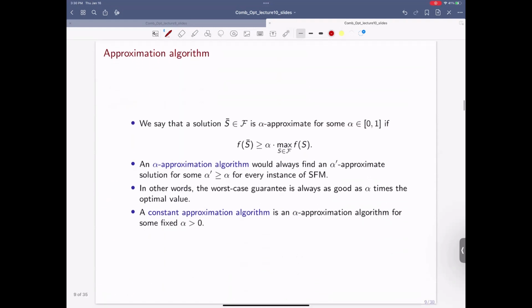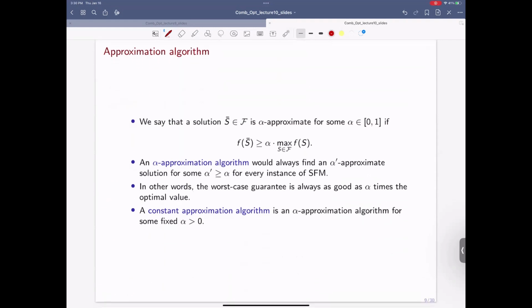And what is an approximation algorithm? We say that a solution S bar is alpha approximate if its value is at least some alpha fraction of the optimal value.